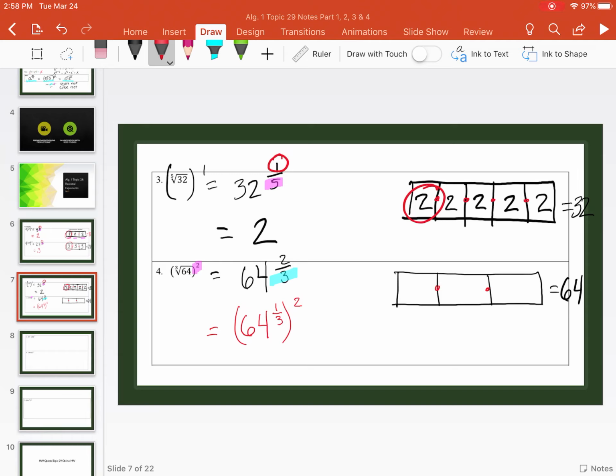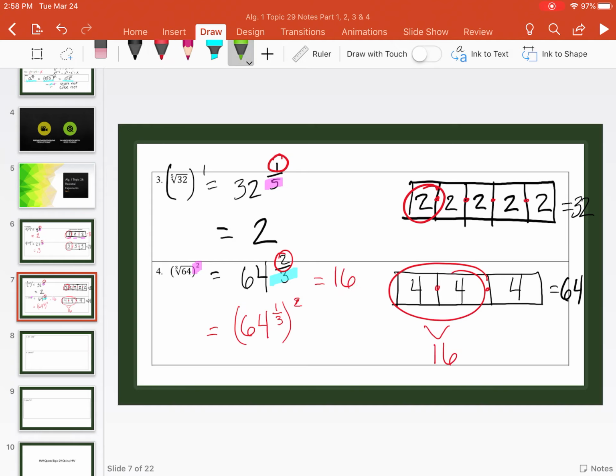So if we want to ignore this exponent of 2 right now, and just think about, okay, what would be 64 to the 1/3 power? Well, we know that 4 times 4 is 16, and then 16 times 4 is 64. So we know we want 2, so I'm going to take 2 sections here. Now 4 times 4 gets me 16, so my answer is going to be 16.